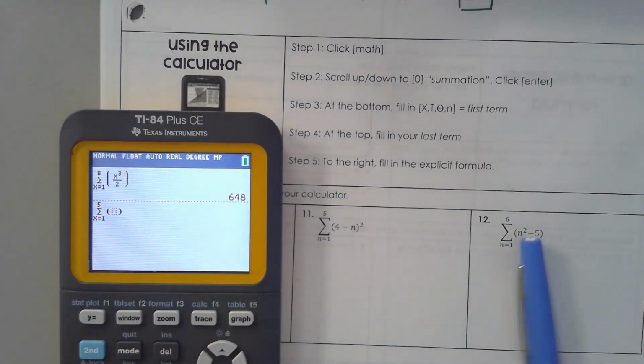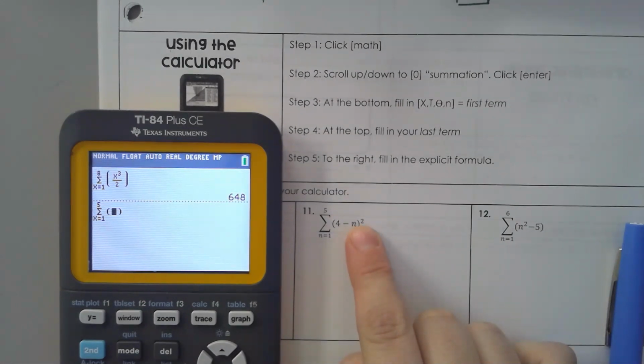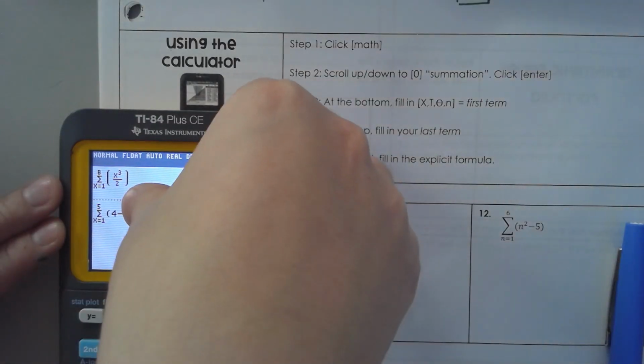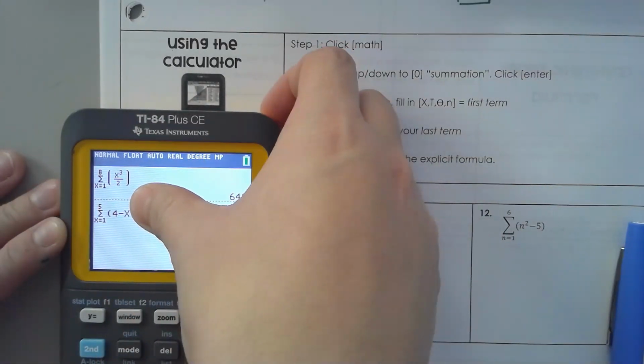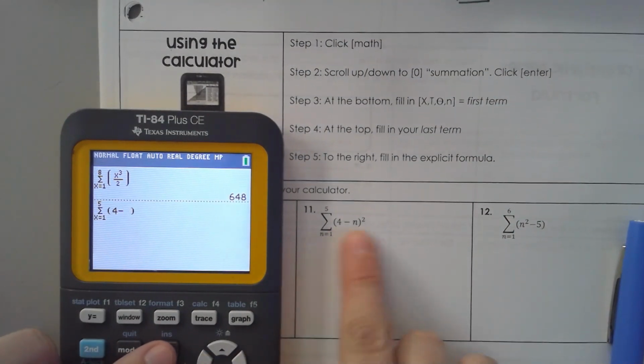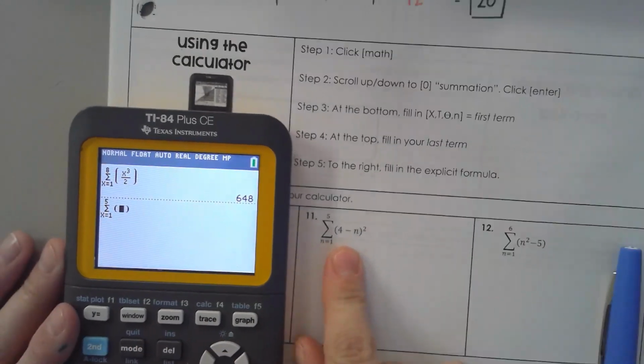You see how on number 11 there is a squared outside of the parentheses. If you type it in like this, what it's going to do is it's going to do the sum first and then square that answer. So if you have a squared or basically anything outside of the parentheses, you've got to make some more parentheses.